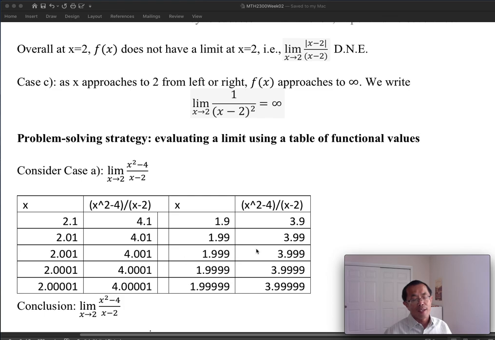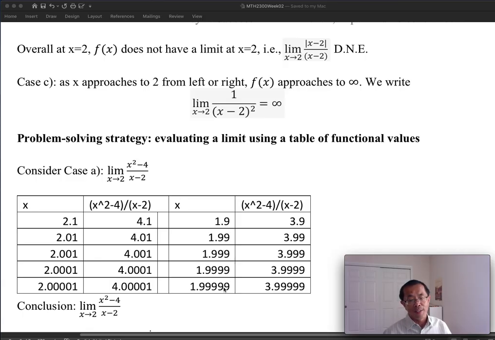The second half of the table is a really similar situation. I'm trying those x values approaching 2 from the left. They are always a little smaller than 2: 1.9, 1.99, and then add more 9s.